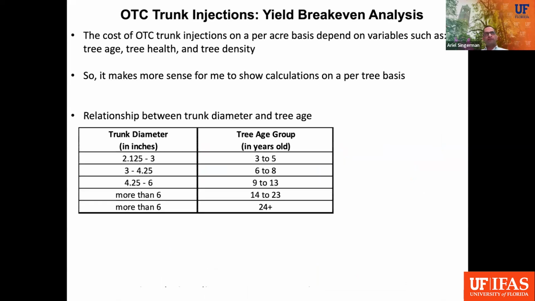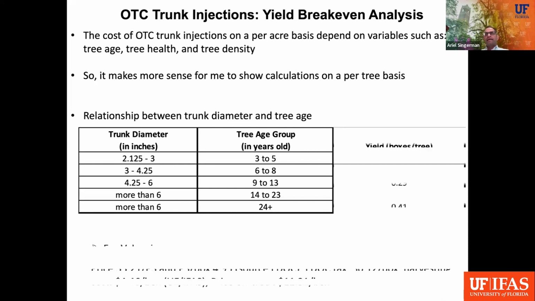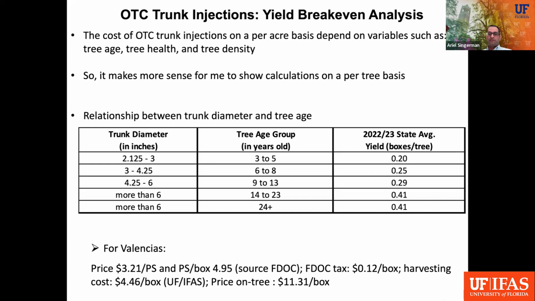In order to do this, I match the trunk diameter that appears in the label of the chemical to the data that I have by tree age groups. So the thinnest trunk diameter corresponds to the youngest tree age of 3 to 5 years old, and so on and so forth. And using data from the USDA at the state level, I was able to estimate the yield for 2022-23 for Valencias.